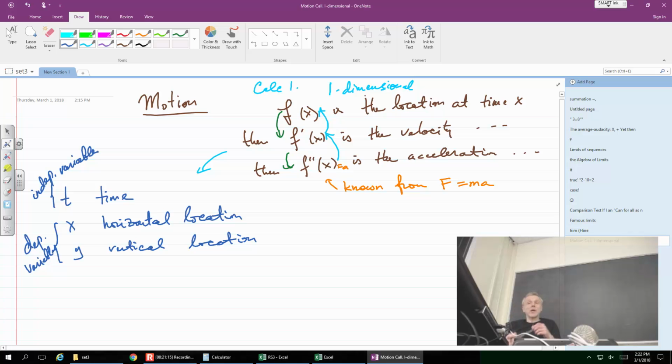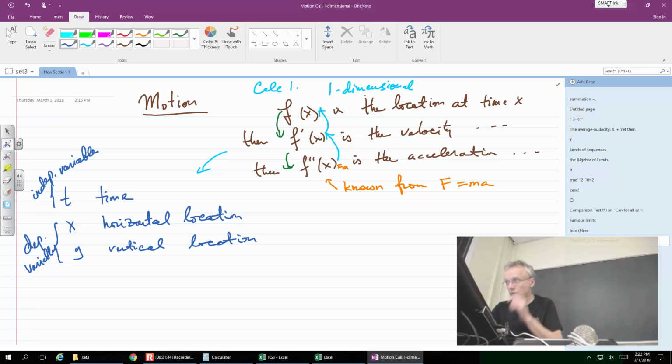That's the big change: instead of one dependent variable, we now have 2 dependent variables. But nothing tricky is going on. x depends on t, y depends on t. If you think about it, that's what you expect from motion. It is moving in time, in space, so the location depends on time.